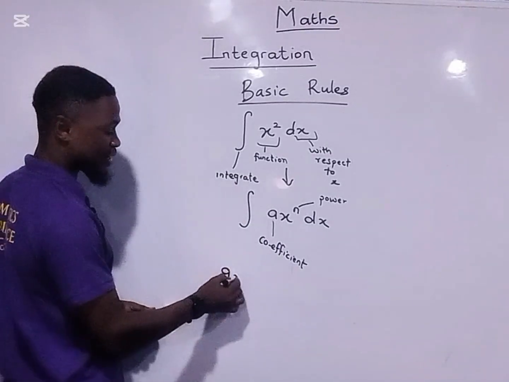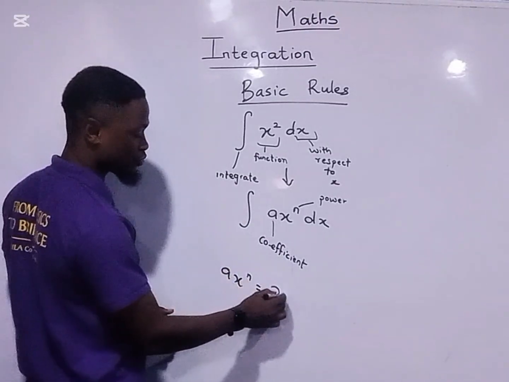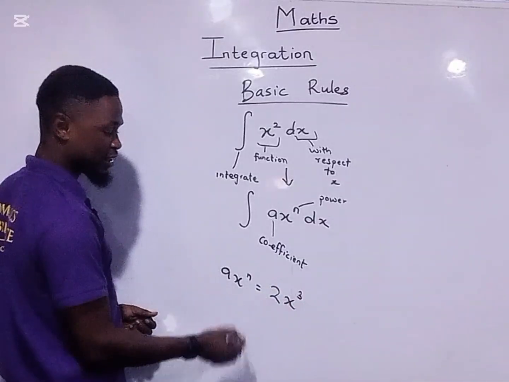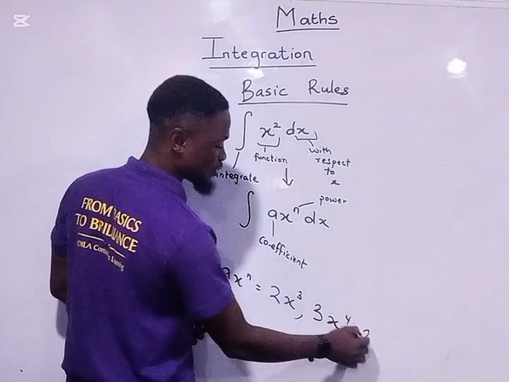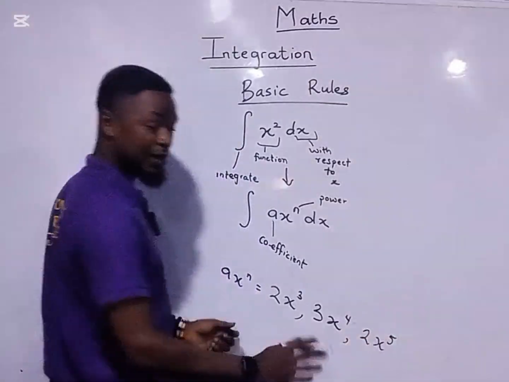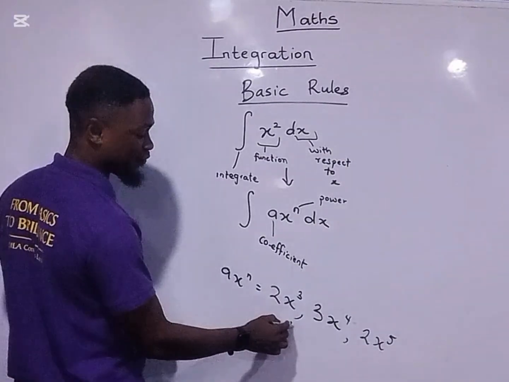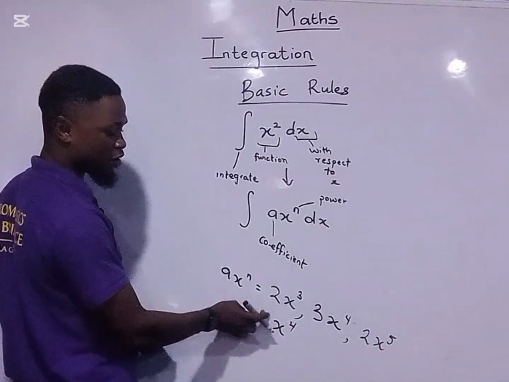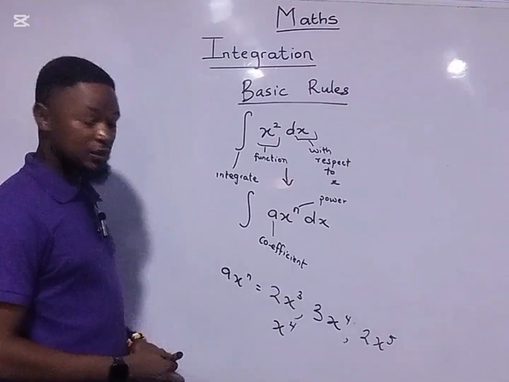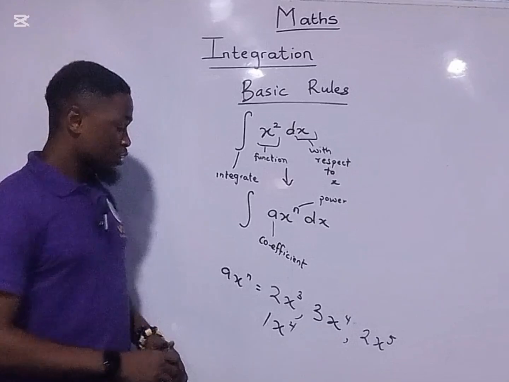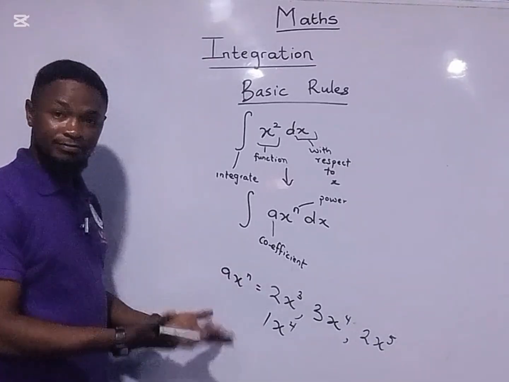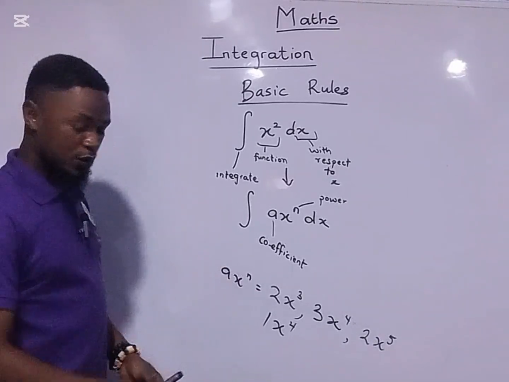It can be maybe 2x raised to the power of 3, or 3x raised to the power of 4, or 2x raised to the power of anything. It can even be x raised to the power of maybe 4. Of course, if I don't write any coefficient here, you should know that the coefficient is 1.